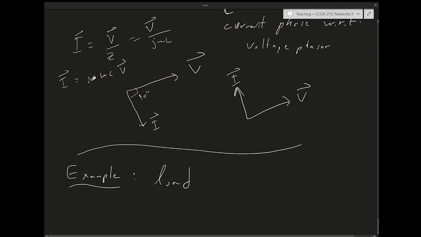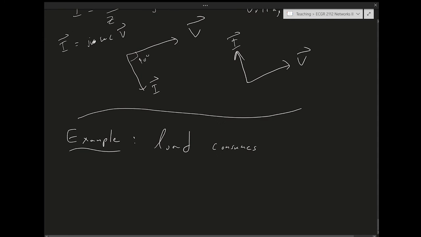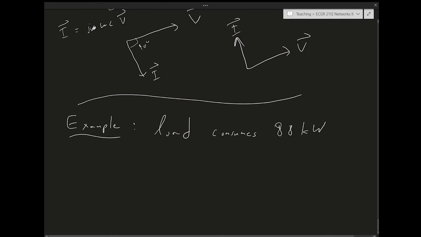We say, hey, this industrial load, let's say a factory or whatever it is, consumes 88 kilowatts. But typically that's not enough. People are not just satisfied with telling you how much average power this load is consuming. They give you more information. They say this load consumes 88 kilowatts at a power factor of 0.707 lagging.